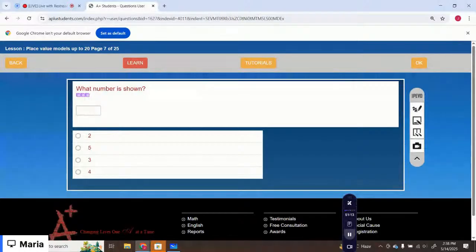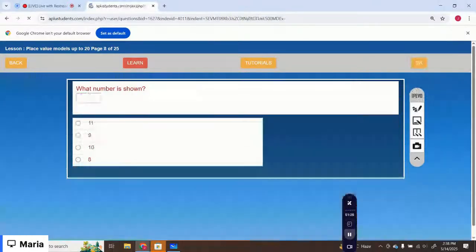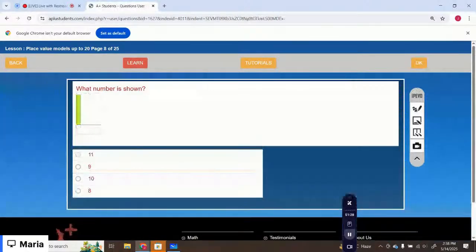What number is showing? Option number 3 is the correct option. What number is showing? That is 10. Option number 3 is the correct option.